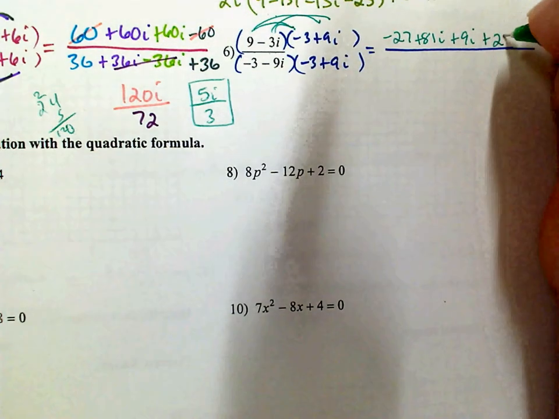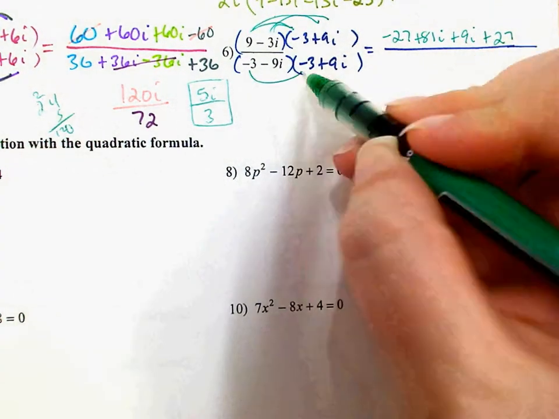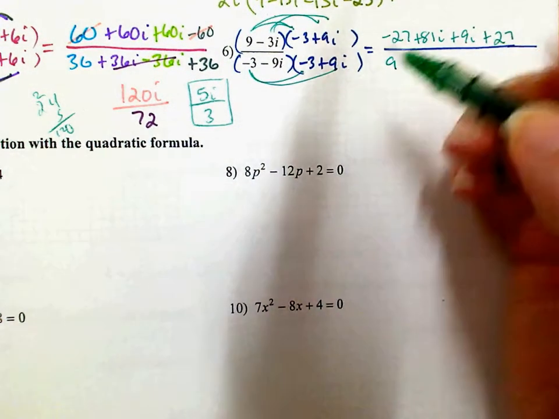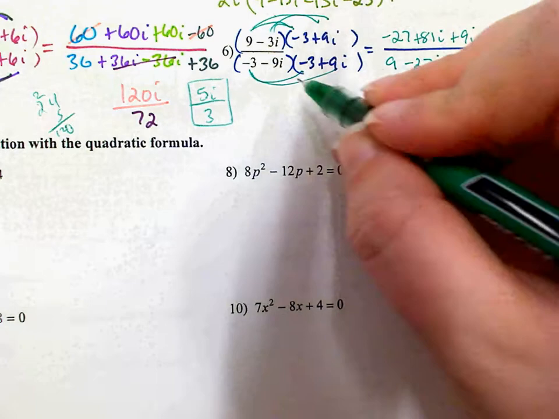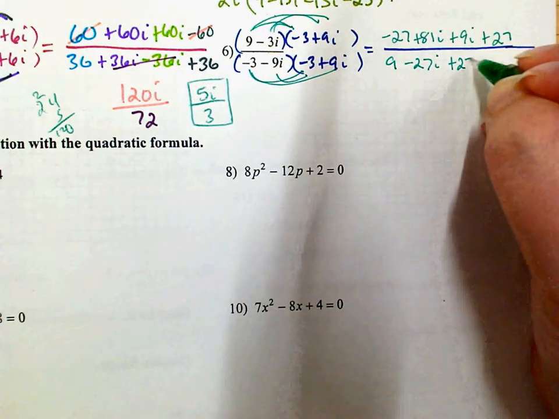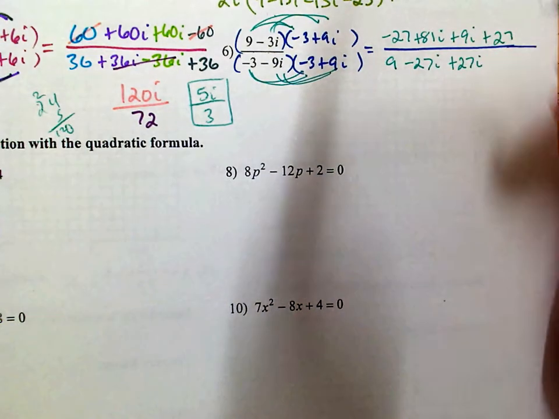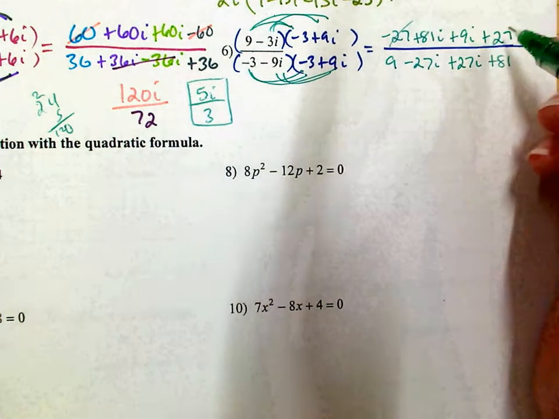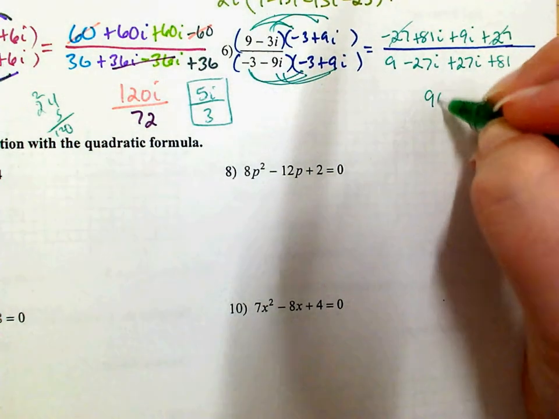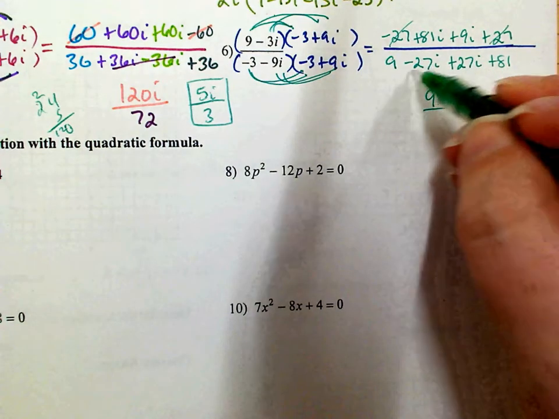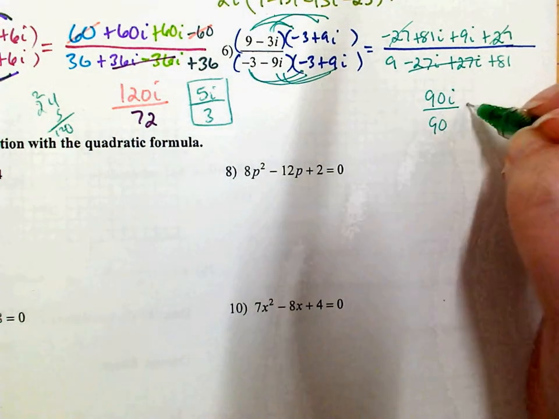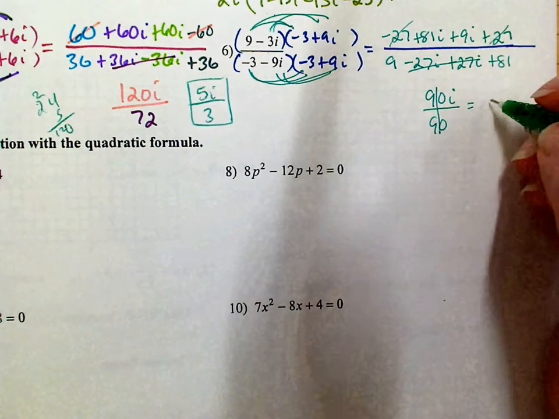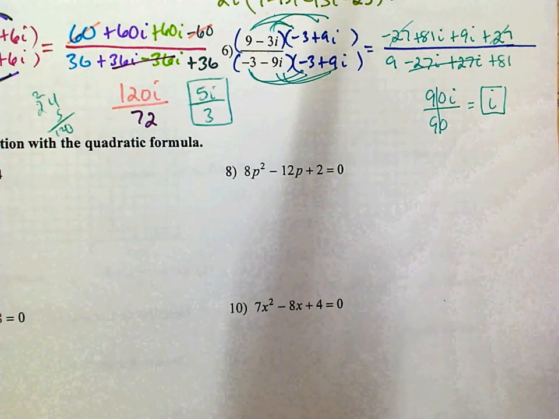In the denominator, I get 9 minus 27i plus 27i minus 81i squared, which makes it plus 81. So my numerator, the 27's cancel out, and I'm left with 90i. My denominator, the 27i's cancel out, and I'm left with 90. And 90 divided by 90 is 1, so I'm just left with i. Okay?